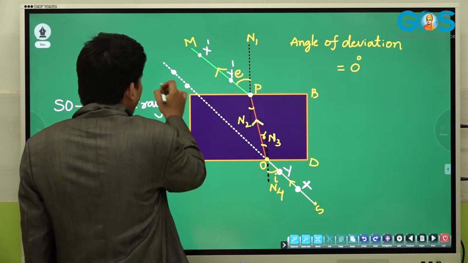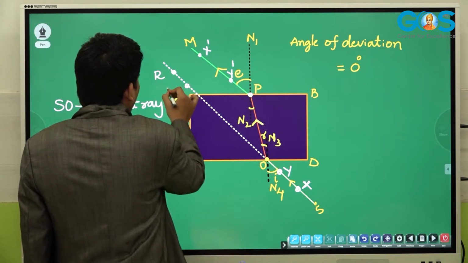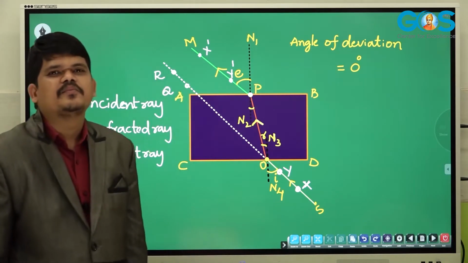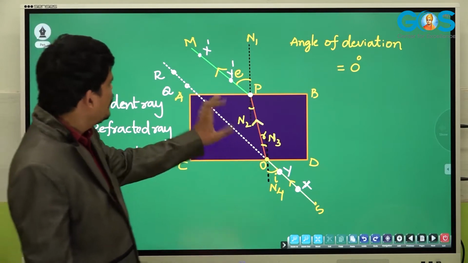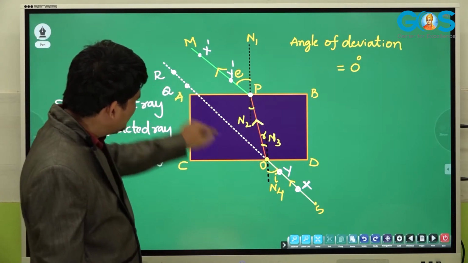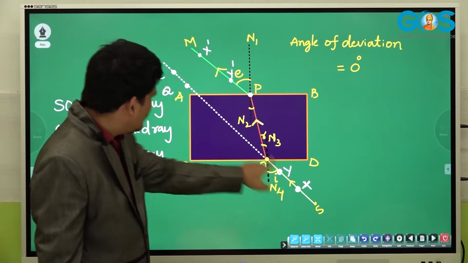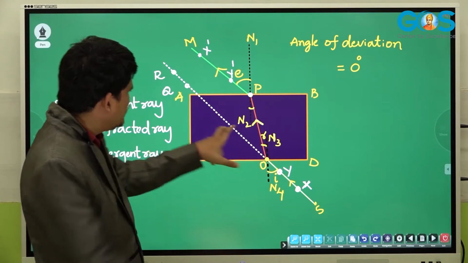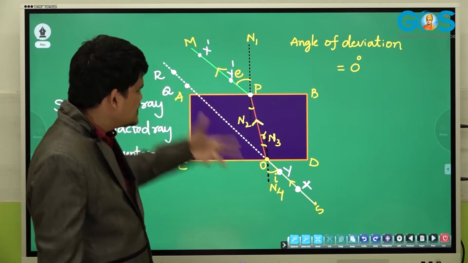Now we will take R and Q. Why do we place these two pins? In order to get the points. So X, Y, R, Q, try to join with the help of a scale. By using the pencil, we can get a straight line.